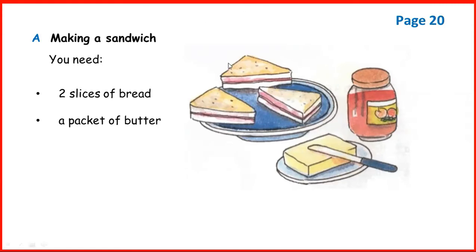A jar of jam. And next, a knife. Yes, it is very necessary. And then a big plate. Now read what things you need: 2 slices of bread, a packet of butter, a jar of jam, a knife, a big plate.